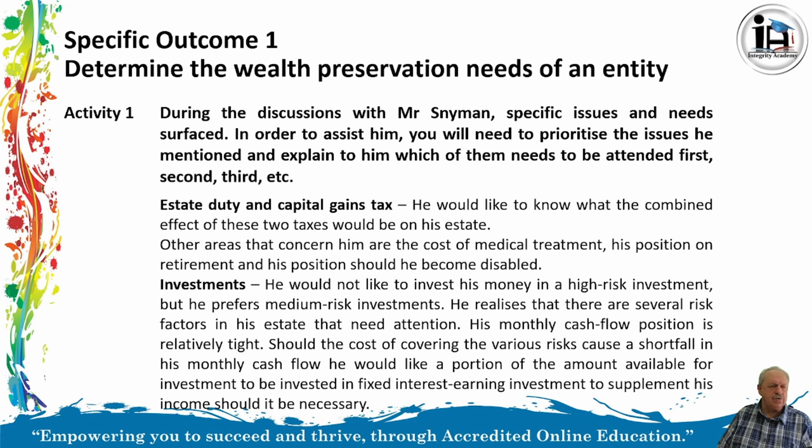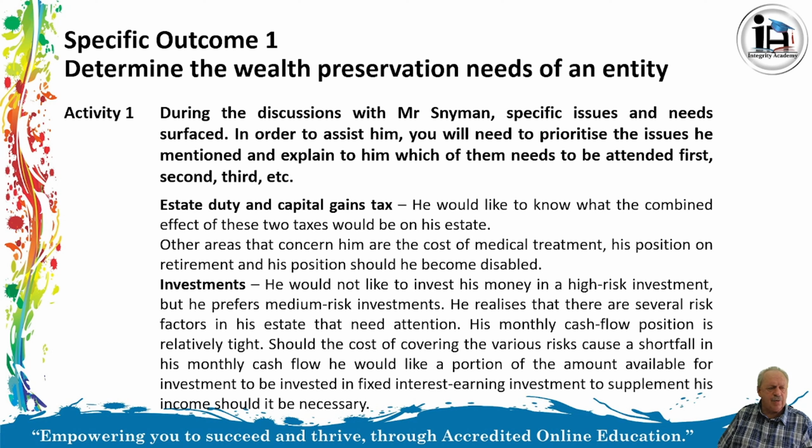Other areas that concern him are the cost of medical treatment, his position on retirement, and his position should he become disabled. As far as investments are concerned, he would not like to invest his money in high-risk investments, but prefers medium-risk investments. He realizes that there are several risk factors in his estate that need attention.